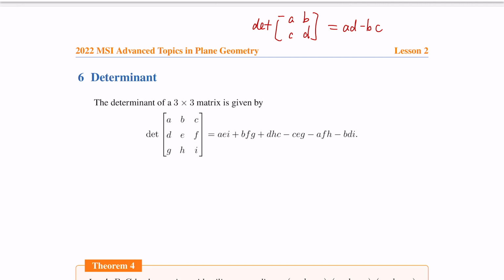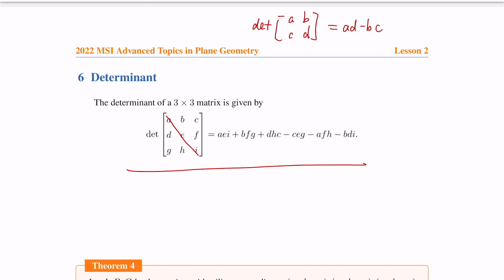But in the problems related to the trilinear coordinate system, we sometimes need to compute the determinant of a 3 by 3 matrix. And this formula looks quite complicated. The way I memorize it is as follows. So we have this table of a 3 by 3 matrix. I will start with aei. So altogether there will be 6 terms.